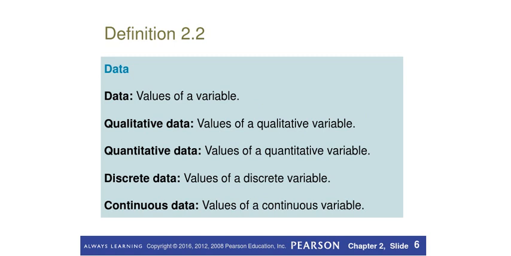So the data itself are the values that the variable takes on. Quantitative data, of course, goes along with what we said about quantitative variables. Values of the quantitative variable are numerical, and they're either discrete, that is, discrete whole number values, or continuous values that go over a range.